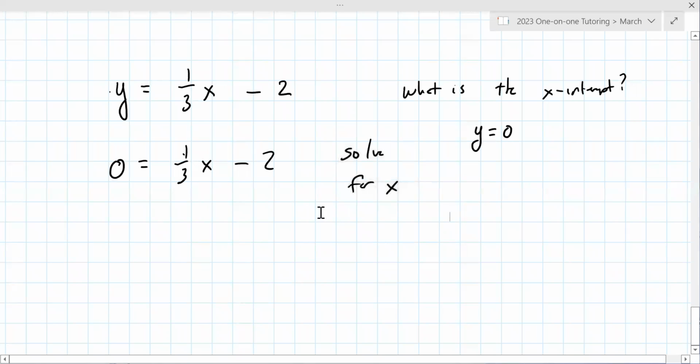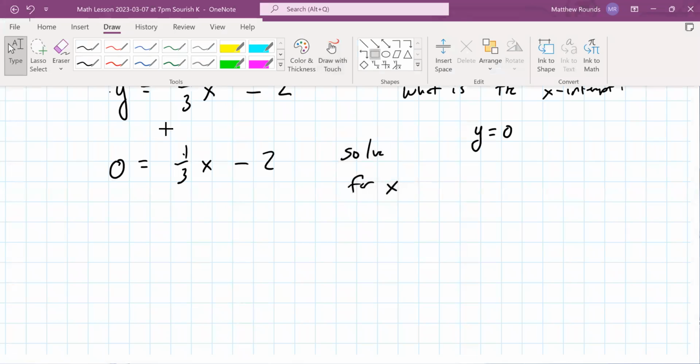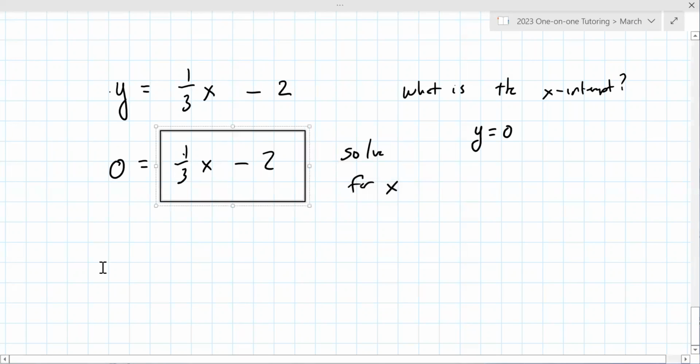All right. Look at the side with x. Look at the right-hand side of the equation. What's the math operation between the 1/3 and the x?